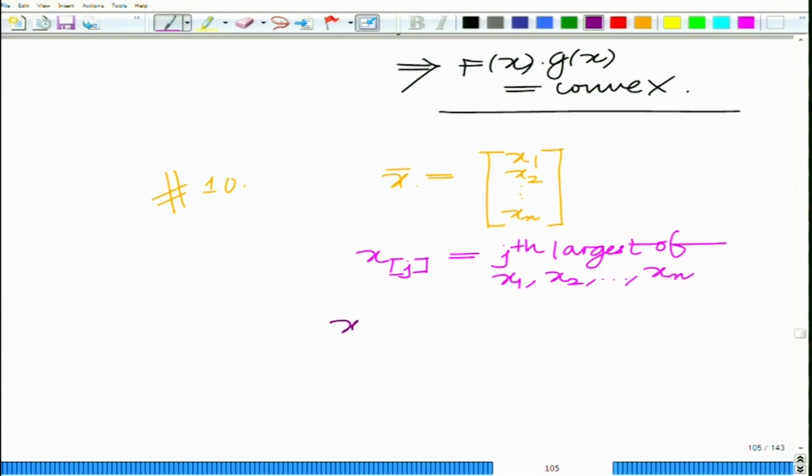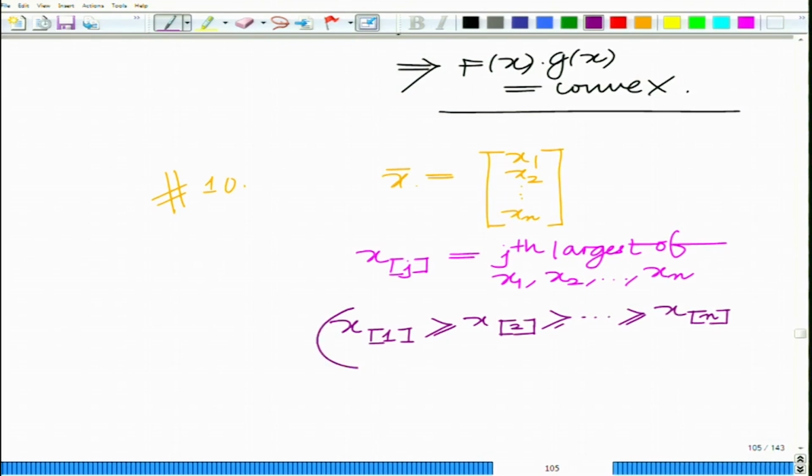So, what this means is the largest is x subscript square bracket 1, which is greater than or equal to x subscript square bracket 2, and so on down to x subscript square bracket n. Remember, this is actually different from xn.